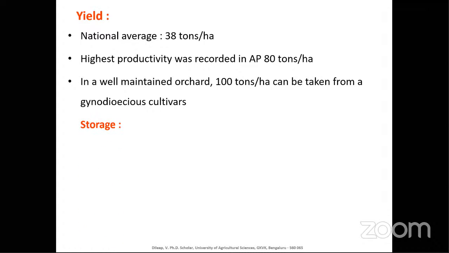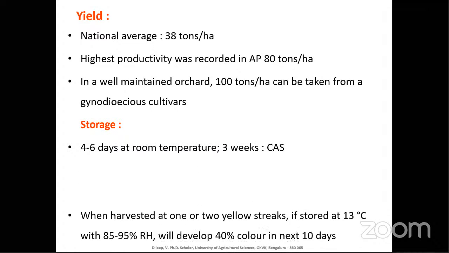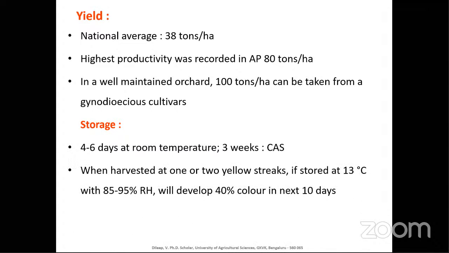And this is one of the important things, that is storage. It may be stored for 4 to 6 days at room temperature, and 3 weeks if stored in controlled atmospheric storage. What is controlled atmospheric storage? Storing with more carbon dioxide and less oxygen.